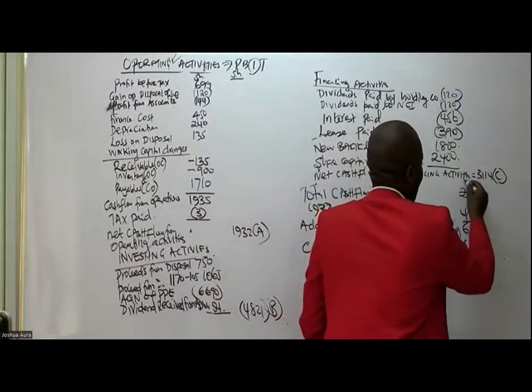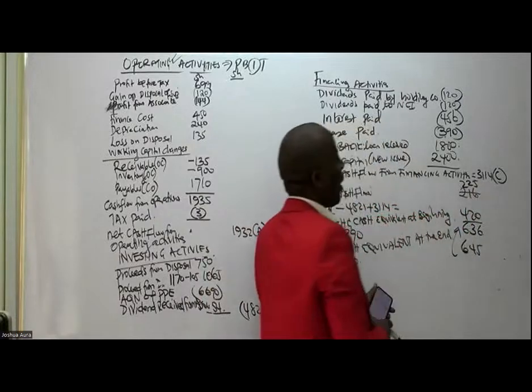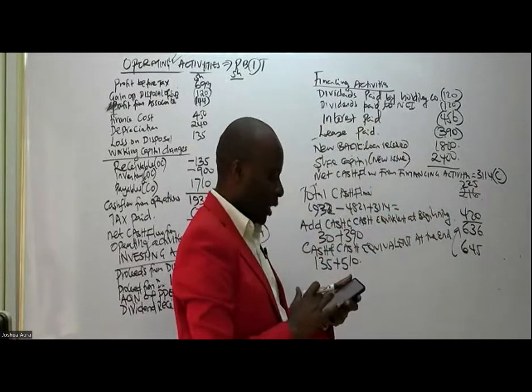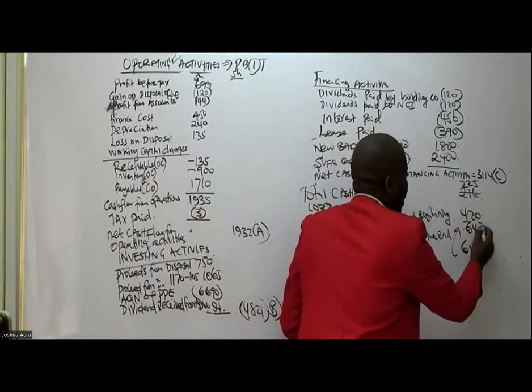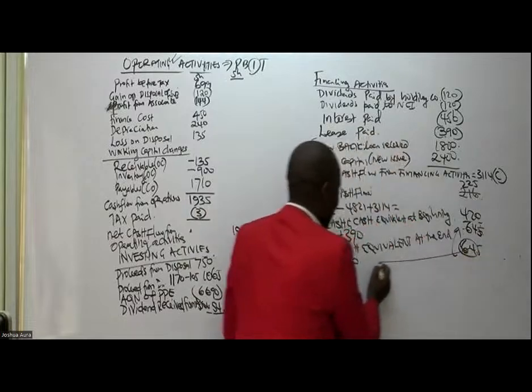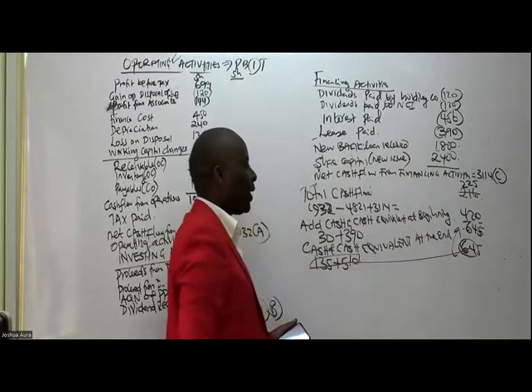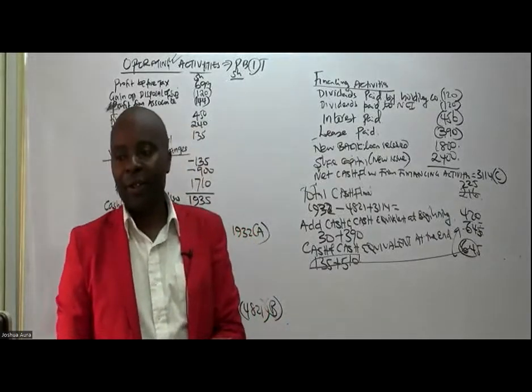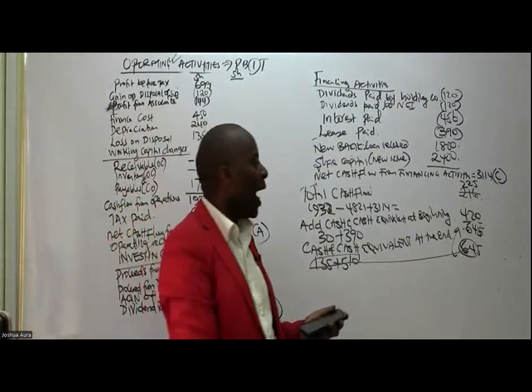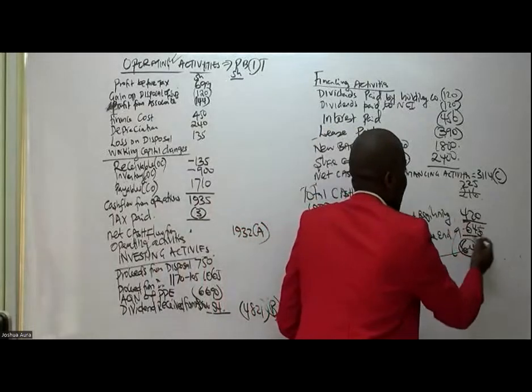So this is supposed to be 225. So 225 plus 420 gives me 645, which in this case tallies with the cash and cash equivalents at the end. So meaning that we are very correct, 100%.